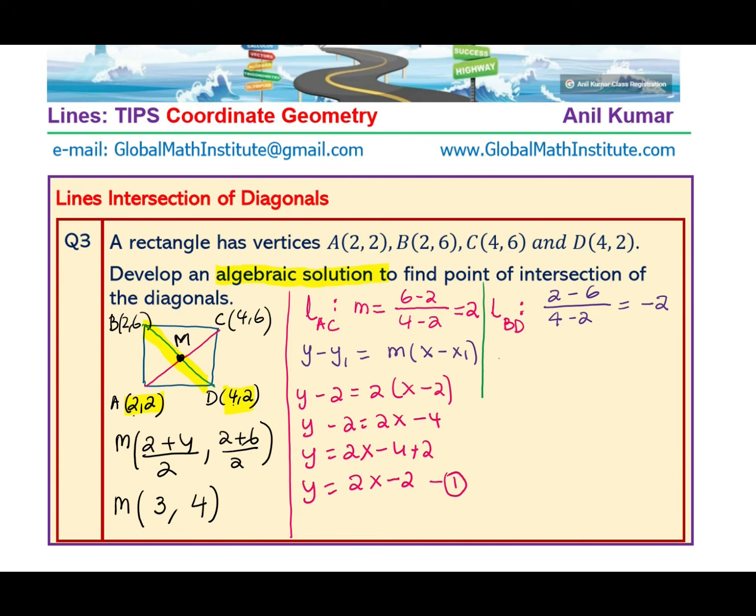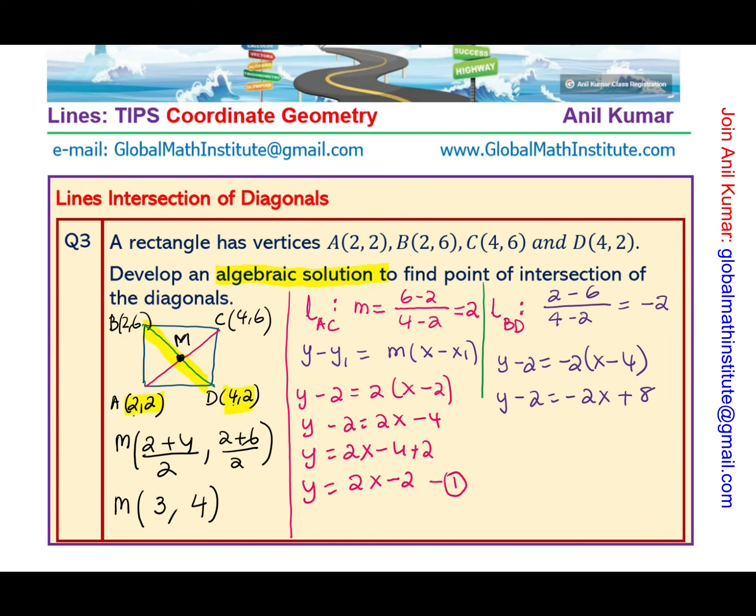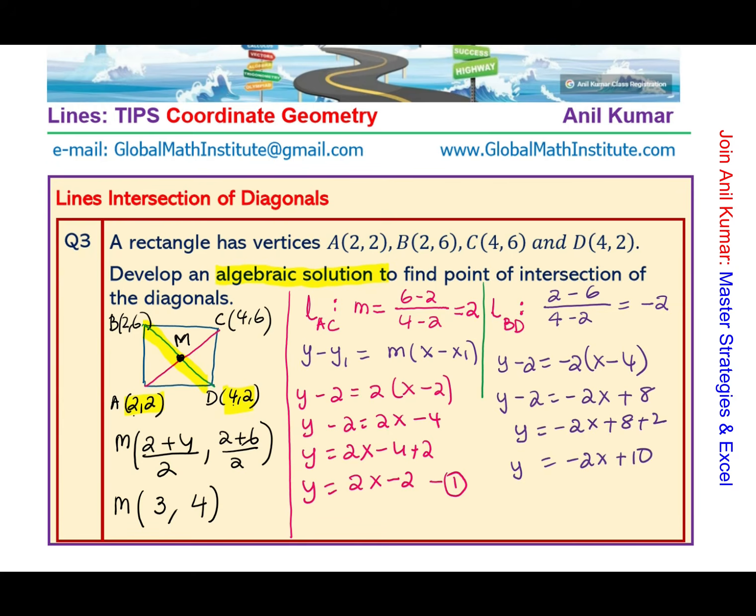So the second equation will be y minus the y value of 2 equals the slope of minus 2 times x minus 4. So y minus 2 equals minus 2x plus 8. y is equal to minus 2x plus 8 plus 2, or we get y equals minus 2x plus 10. Correct. So we get both the equations. Of course, one line is rising, positive 2 slope, other one falling, negative 2 slope, and the y-intercepts for both the lines are minus 2 and plus 10 respectively.